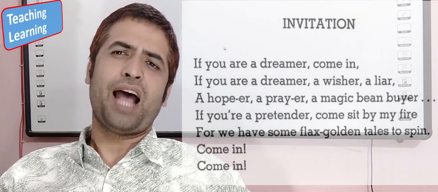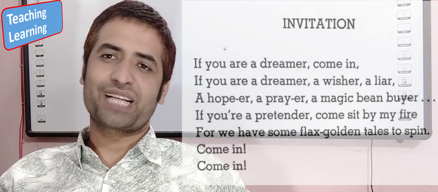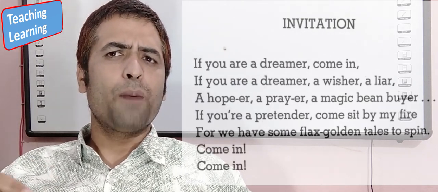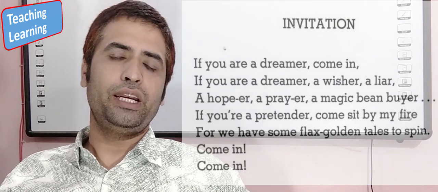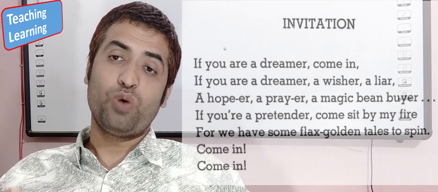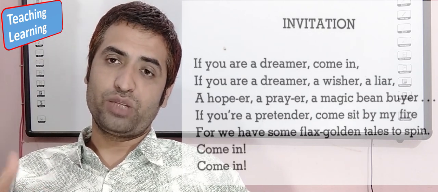For example, I have some questions and doubts regarding this. Let me ask some questions. Can a pretender and liar also read and understand the poem? Because this poem is a beautiful production of creativity and imagination.